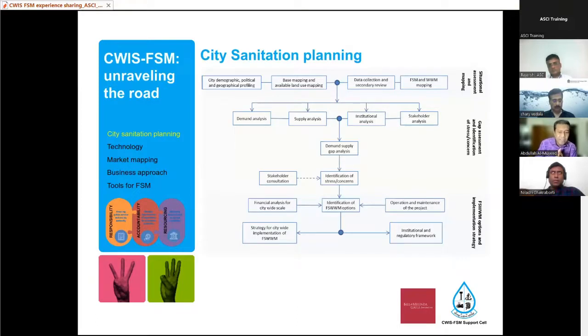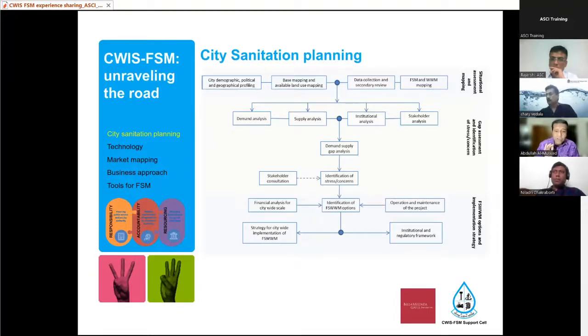During that tenure, we had the Local Government Act 2009, which gives the responsibility to the Poroshobhas, or city and municipal authorities, to solve the problem of waste. At that time, there was no mention of fecal waste. In the Local Government Act, it was referred to as refuse, which we also use for fecal sludge.